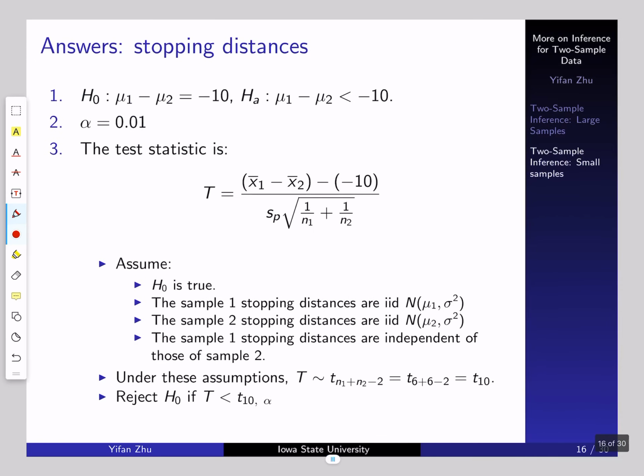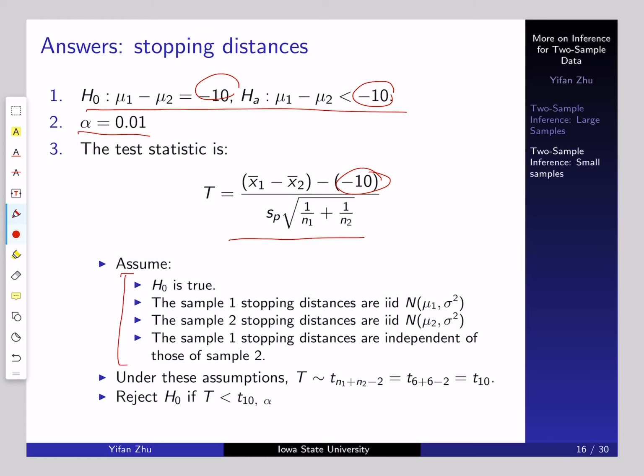And this is what we would do. These are our hypotheses. And the significance level alpha we use here is 0.01. The test statistic is this. -10 corresponds to our hypothesis.